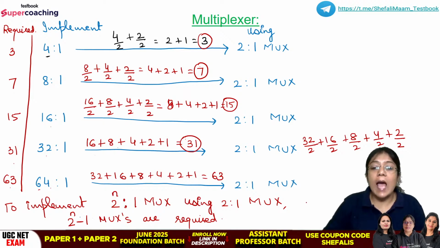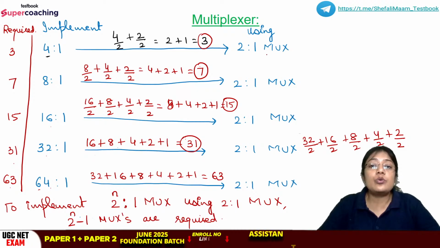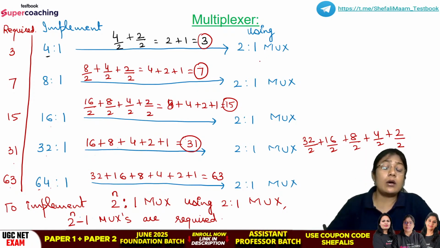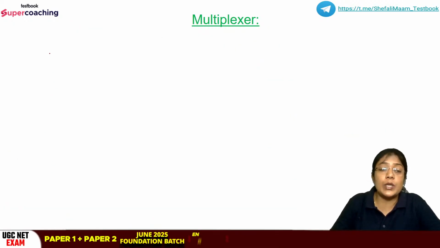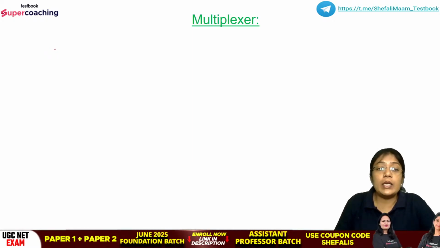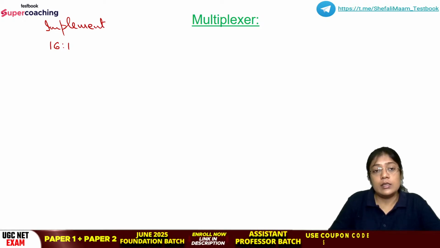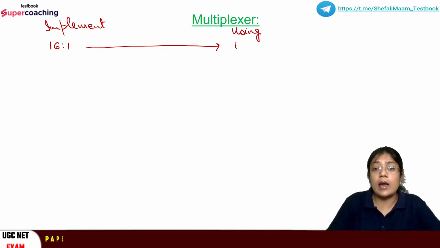This formula is applicable only when we are implementing the multiplexer using 2:1 multiplexer. जरूरी नहीं है कि 2:1 से ही implement करवाना है. You can implement it with any other multiplexer as well. For example, if I want to implement 16:1 multiplexer using 4:1 multiplexer. How many mux are required?